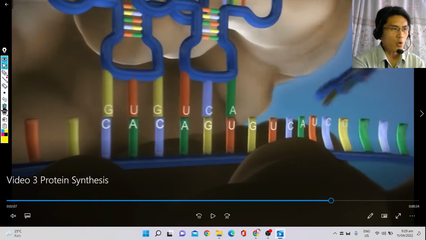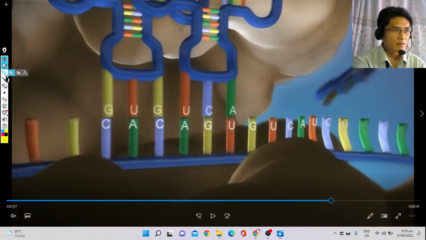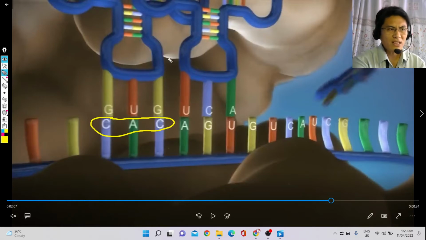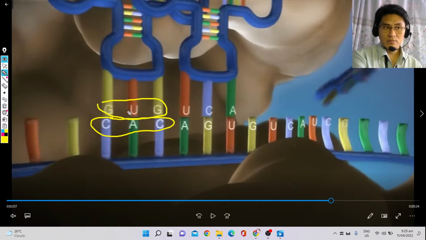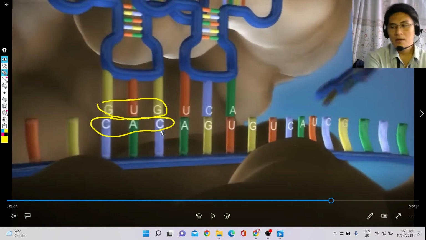So if you have a codon, and that codon is CAC, like here, the tRNA that will pair with it is GUG. So this is the codon, this is the anticodon. It's being paired, okay?